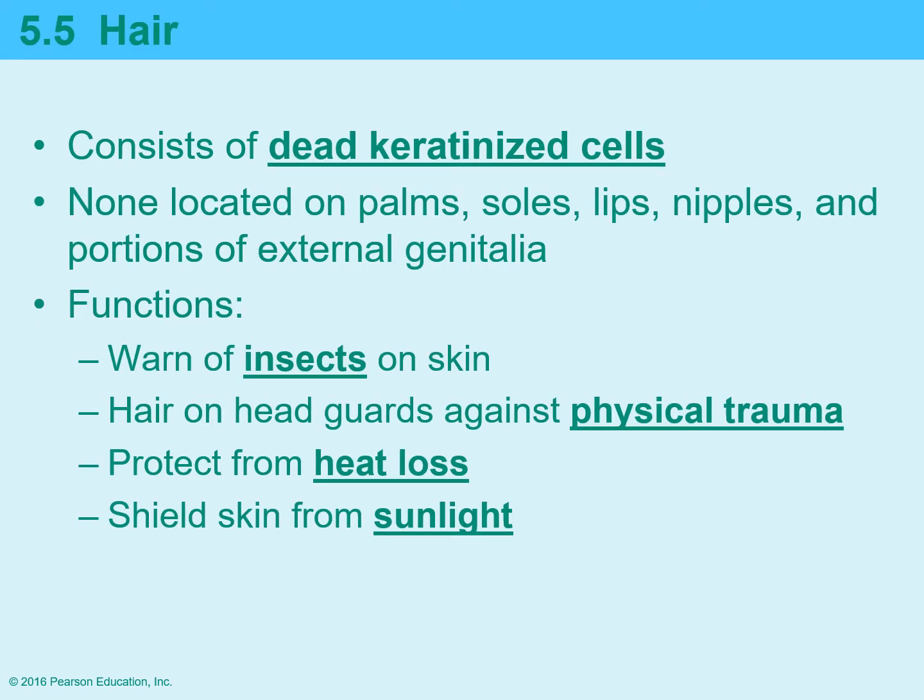The hair. Hair is composed of dead keratinized cells. What's the function of hair? Well, it does help to warn you of things on skin. You've all had this where you may be sitting and maybe on your arm you feel this slight sensation as though there's a spider or a mosquito or something walking on your skin.